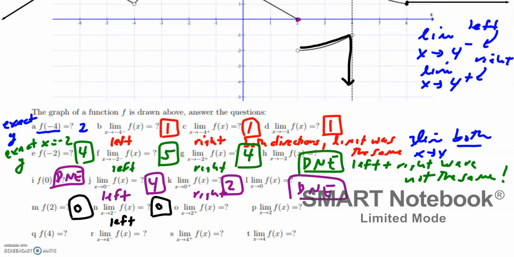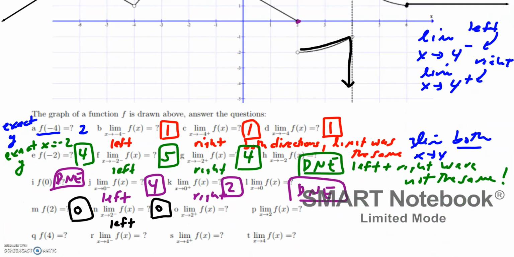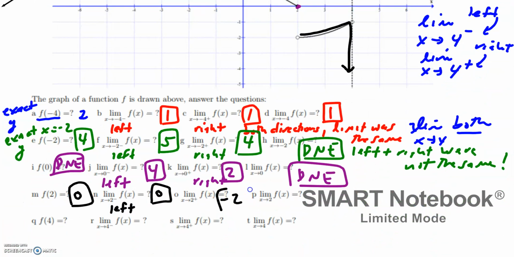From the right side, the graph starts here, jumps, comes back up, and then it looks like as I'm approaching the x value of 2, we are getting close to the y value of -2. So the limit from the right is -2, which means my answer at 2 exactly, you have to consider both directions. Both directions are not the same, so my answer is D and E again.